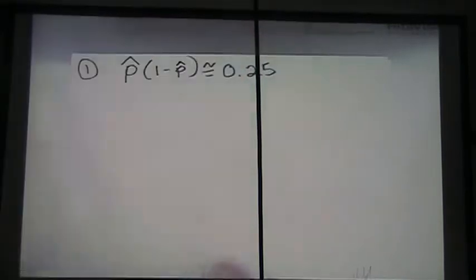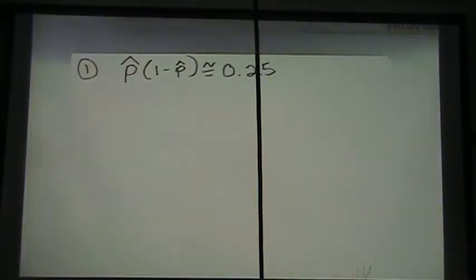All right, so let's start with the proposition: how do we know that P hat times 1 minus P hat can be approximated by 0.25?